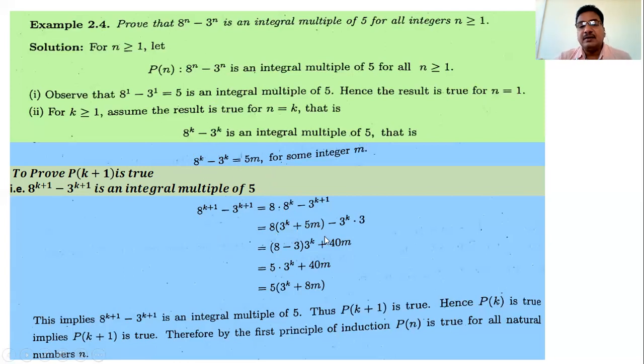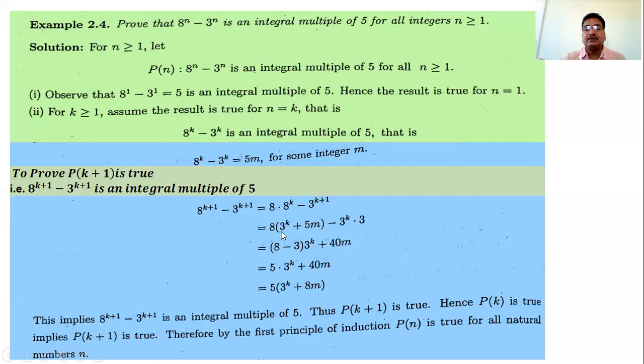In the previous examples it also happened that in the proof of the second step, that is in the proof of pk plus 1 is true, you must use the induction hypothesis. That is our assumption that pk is true. So pk is true means this is the induction hypothesis, your assumption. So use this assumption for some steps. Otherwise, the proof of the second step does not complete.